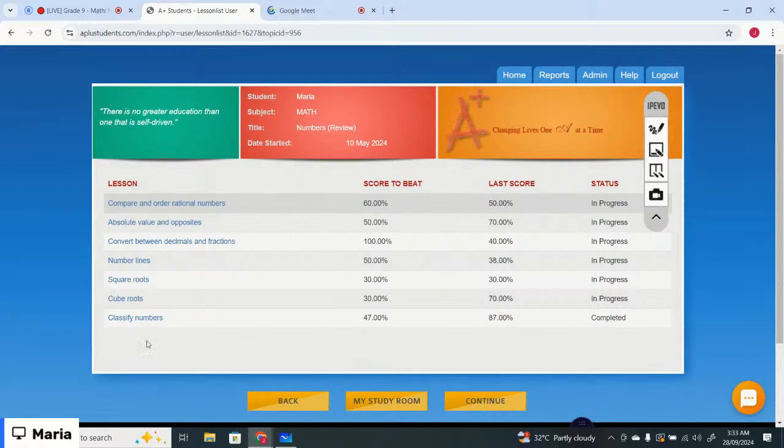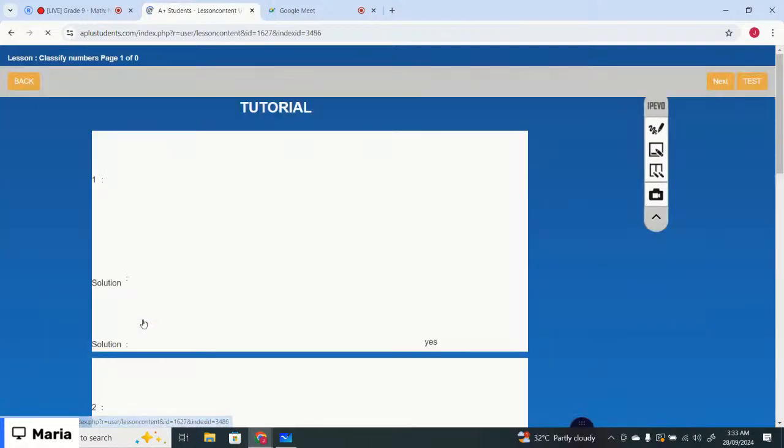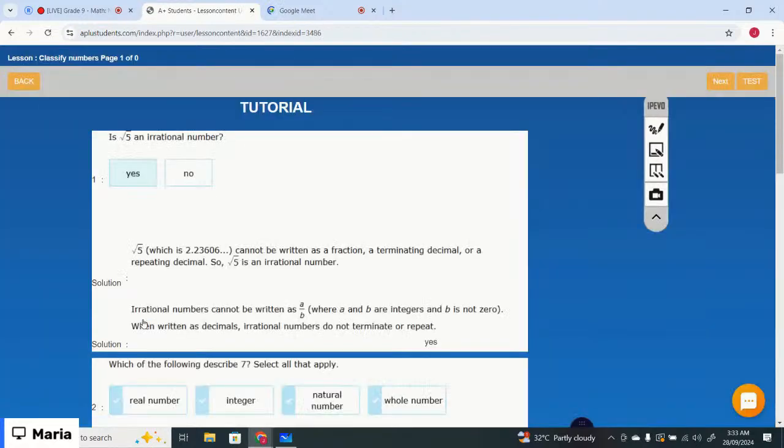The next one is classify numbers. Is square root 5 an irrational number? So first we are going to learn what are the rational and irrational numbers, right? So rational numbers are the numbers.